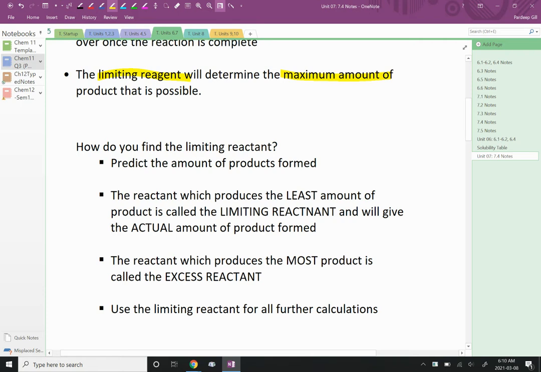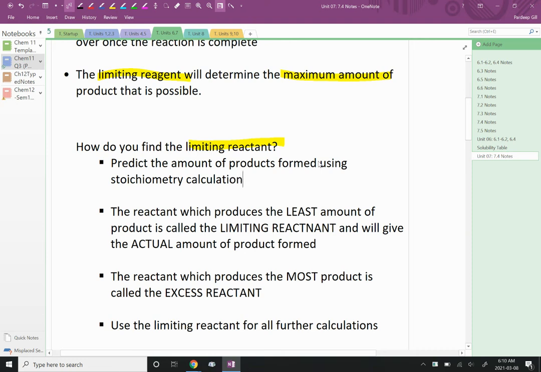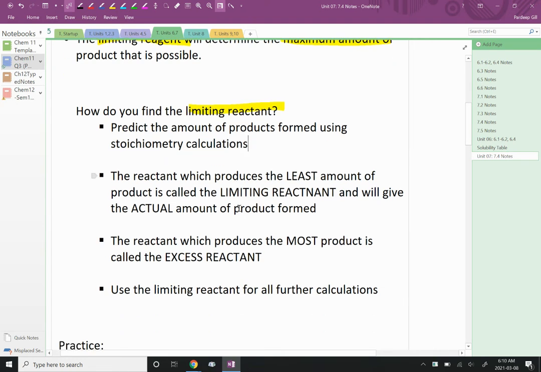How do you find the limiting reactant? The first thing you're going to do is predict the amount of products formed using stoichiometry calculations. Then the reactant which produces the least amount of product is going to be called the limiting reactant, because that will give you the actual amount of product formed.